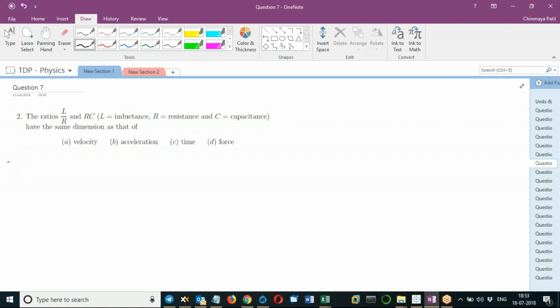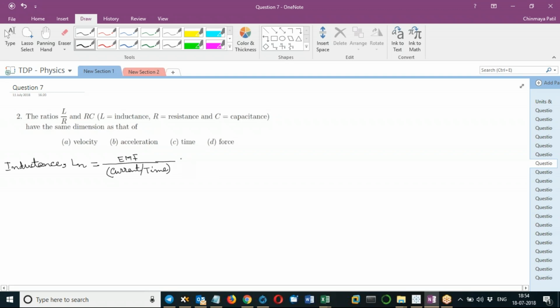Inductance is generally denoted by L. This is nothing but electromotive force, that is EMF, divided by current divided by time. So this is called the inductance.